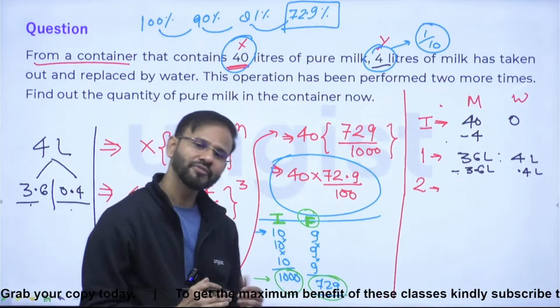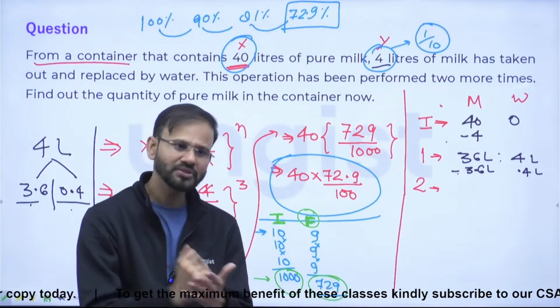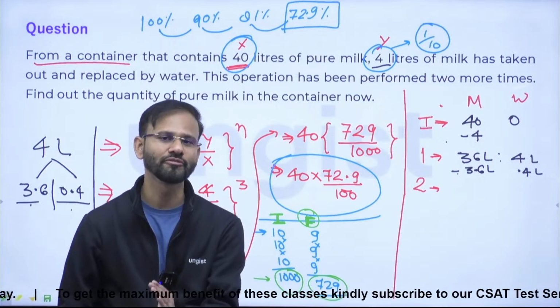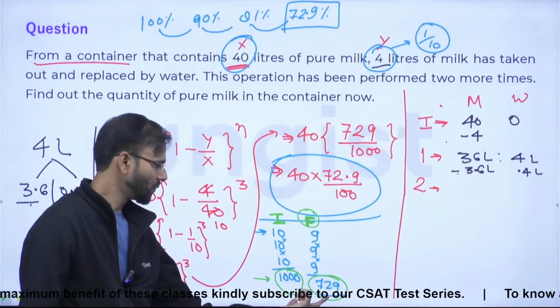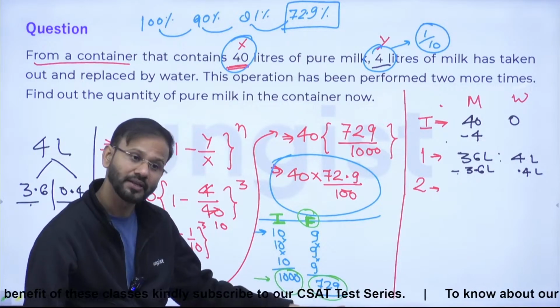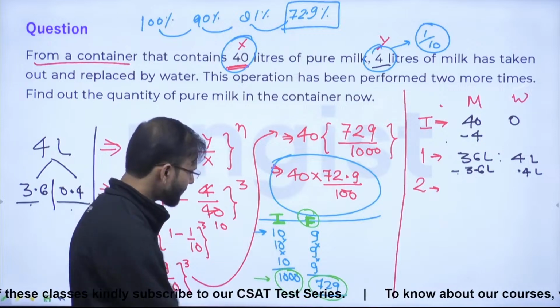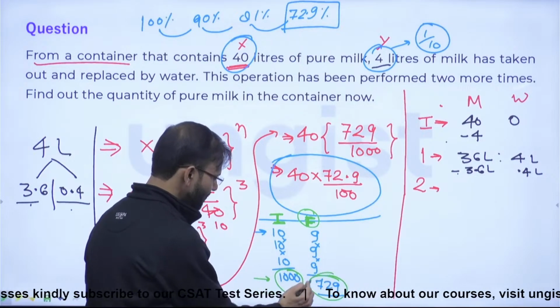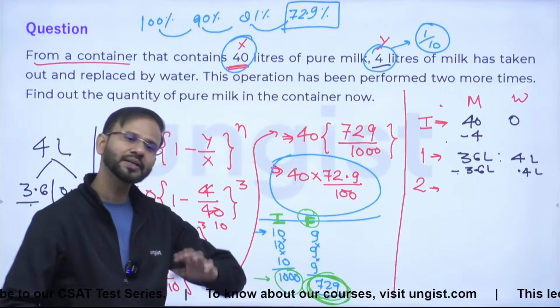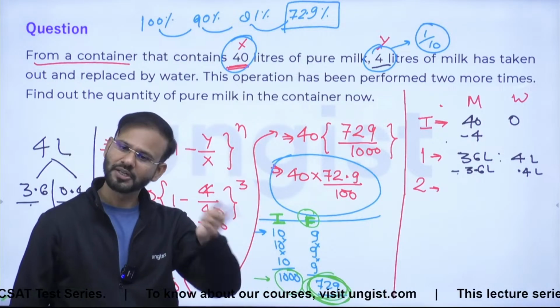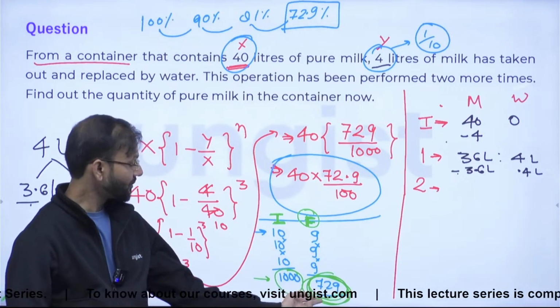And suppose I ask you the question: after 3 such operations, what is the ratio of milk and water in this container? See, the thing is, all the time you are making it 1000 liters. So 729 is milk.